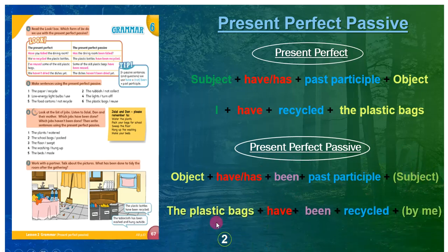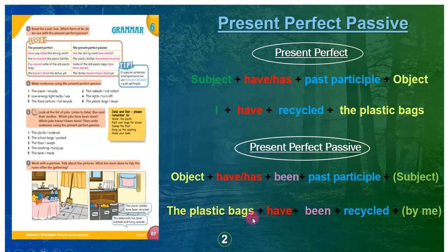The plastic bags. Now the same sentence here I'm using. The plastic bags, which was at the end of the sentence, which was the object, I will put at the beginning. And then have. Have here goes back to the object. So if the object is plural, here bags, I'm going to use have.